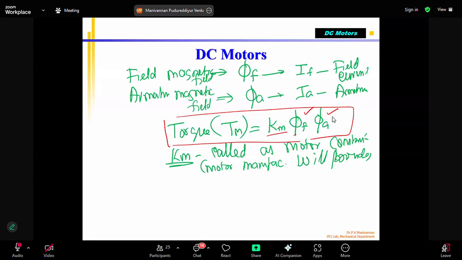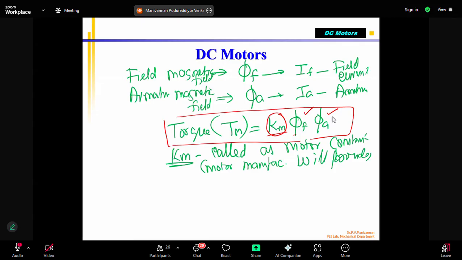Some books put K, some put KM, somebody puts KA. But basically, there's a number called the proportional constant that depends upon the material used to construct the motor. That is the stator, the armature and field coil core material.